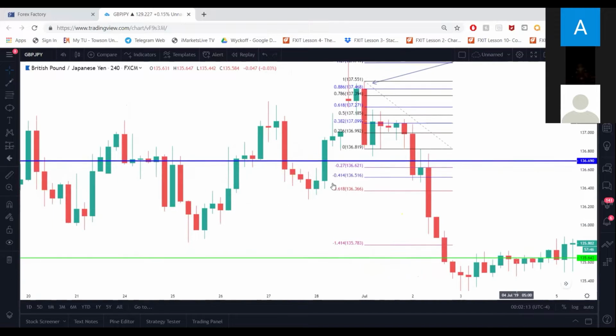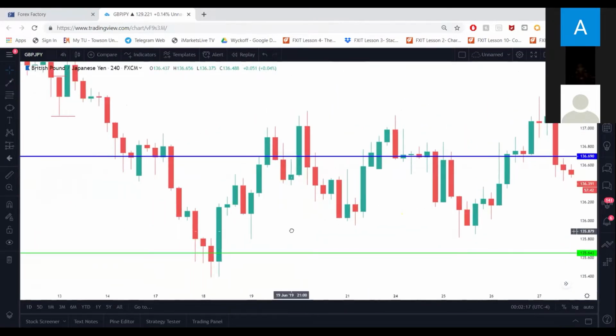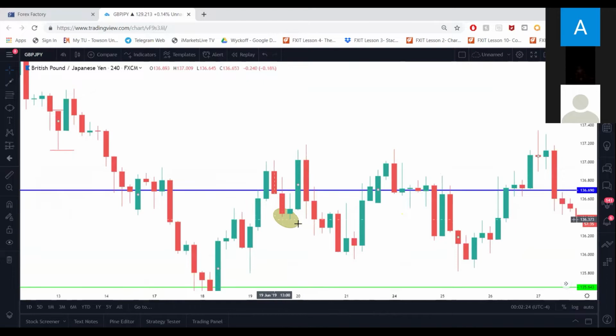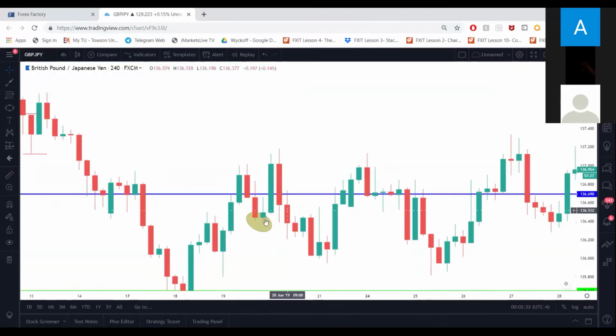Besides engulfing candles, you can look for, let's see if we can find. Okay, so here we go. Let's highlight this right here. This three candle pattern is considered a morning star. If it was on the opposite side, I will try to find an example, it would be called an evening star.